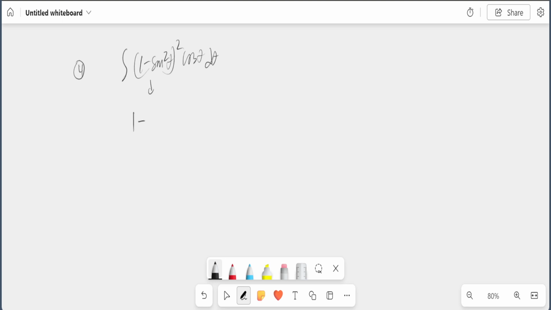So now you get 1 minus 2 sine squared theta plus sine to the 4th theta. And then you see where I'm going with this? Yeah. And then distribute that to each of the terms and integrate separately. That's probably the easier way to do it, honestly.